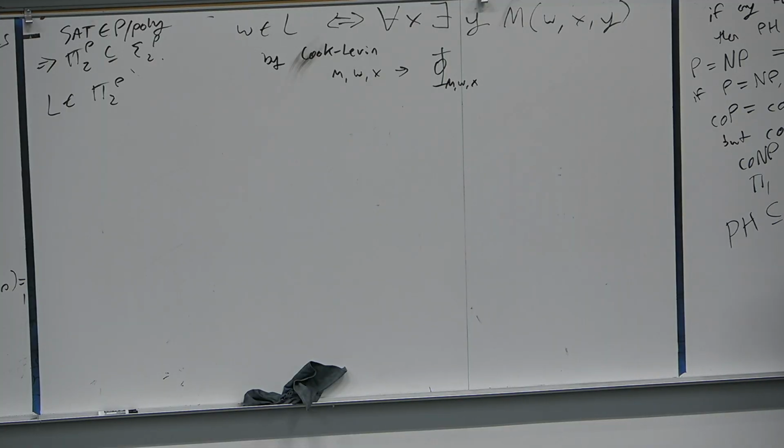Now, what should the satisfying assignment to this CNF be? In fact, Y is the existential part of the assignment. So the satisfying assignment to this CNF ought to be Y.